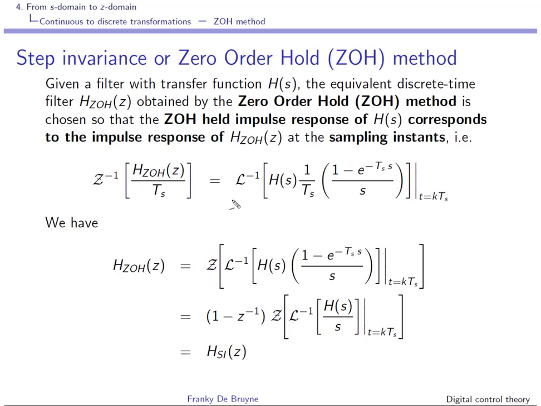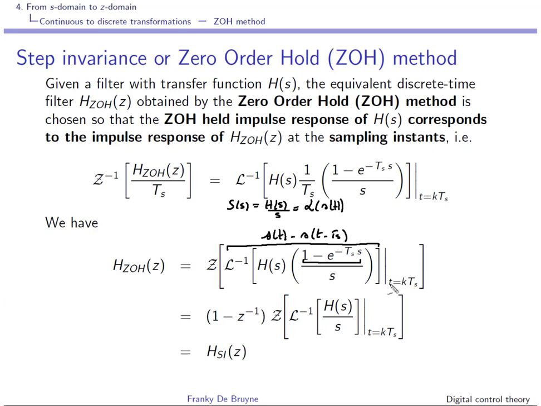If we define S of S as H of S divided by S, the Laplace transform of the step response, because of this quantity over here, 1 minus an exponential of minus TS S, if you take the inverse Laplace transform, what this will give you is the step response minus the step response delayed by the sample period Ts, right?